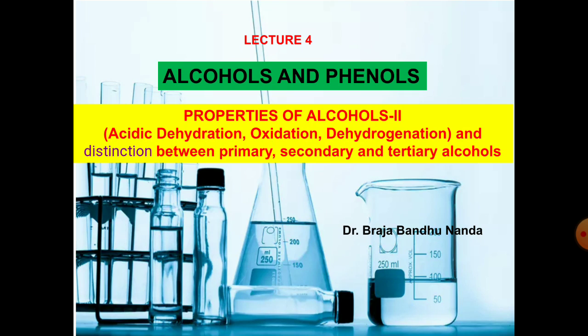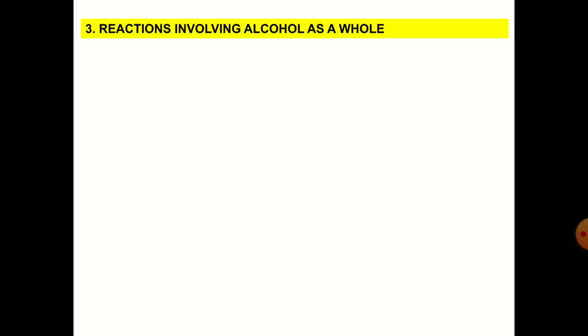So, in this class, we shall discuss the properties of alcohol due to the alkyl group and the OH group, or alcohol as a whole. For that, we have to discuss acidic dehydration, oxidation, dehydrogenation, and the distinction between primary, secondary, and tertiary alcohols.